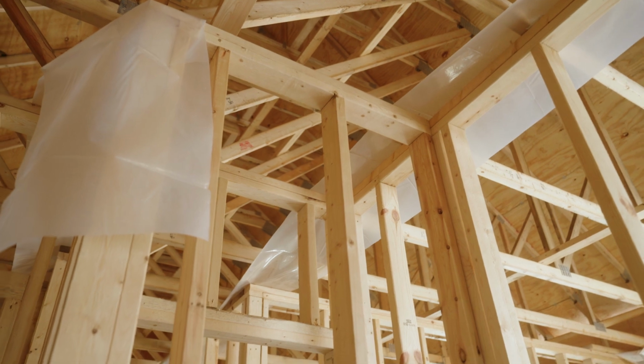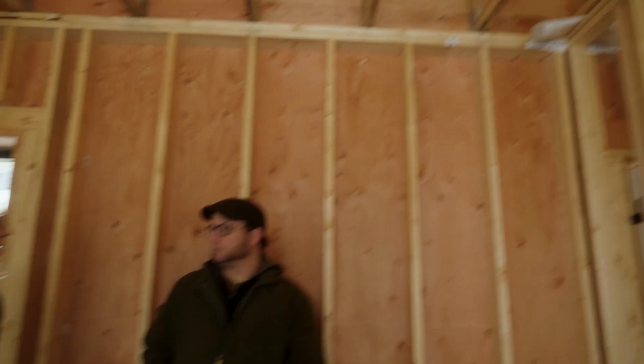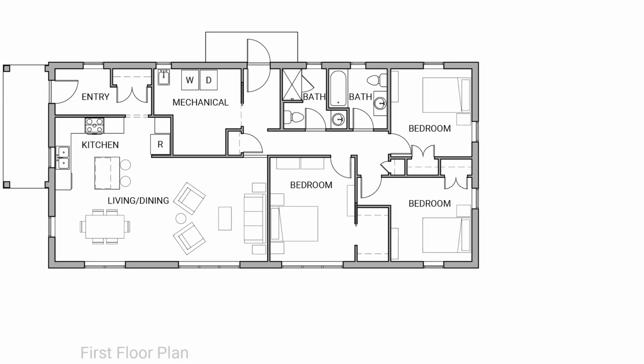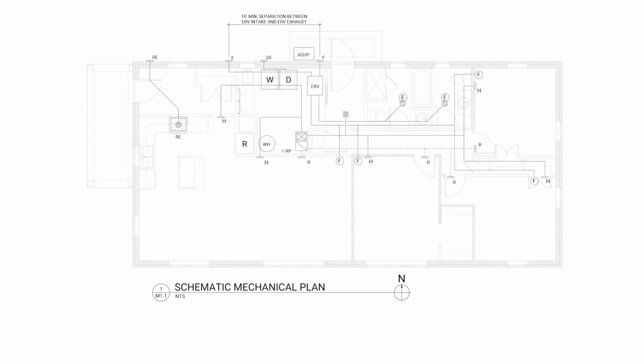Another example of integrated design is the fact of where we're standing right now: placing the mechanical room more central and close to the plumbing, to reduce the runs of the plumbing, make it easier for installation, make the hot water distribution more efficient, and the same thing with the air distribution.